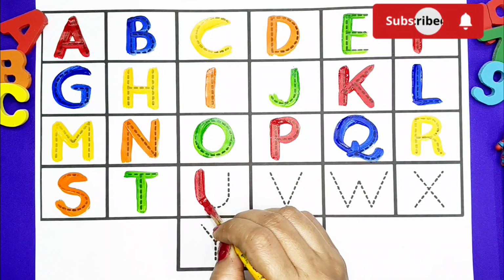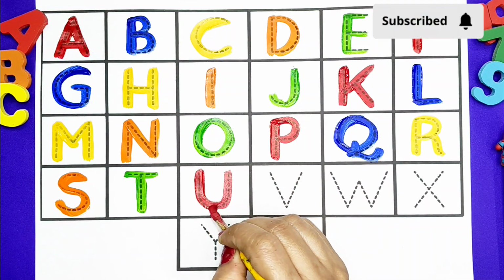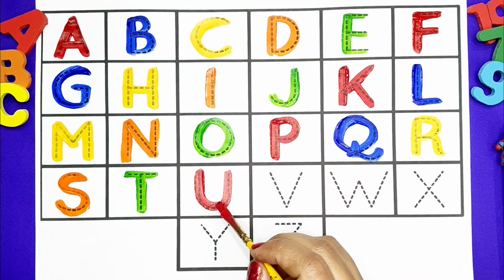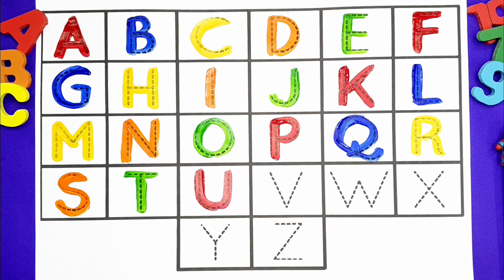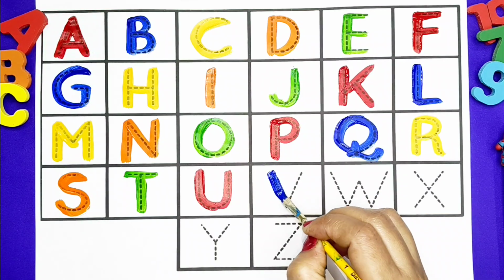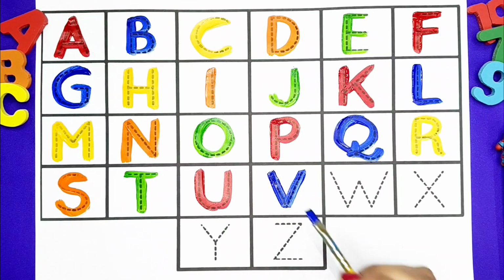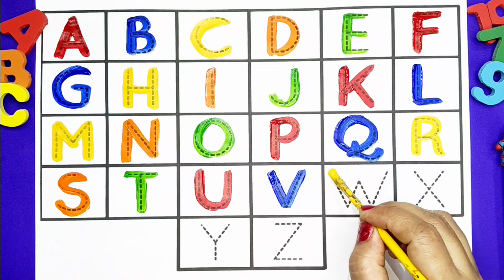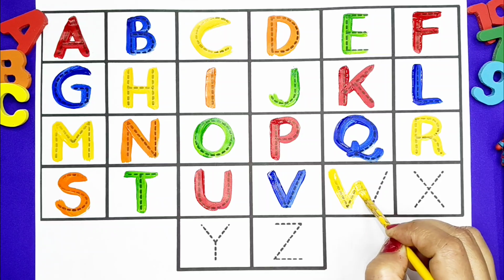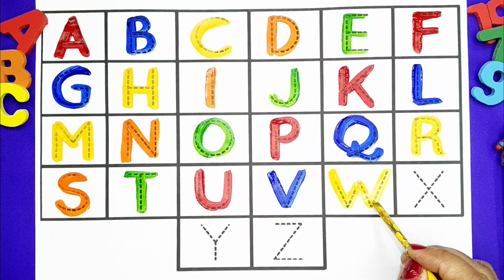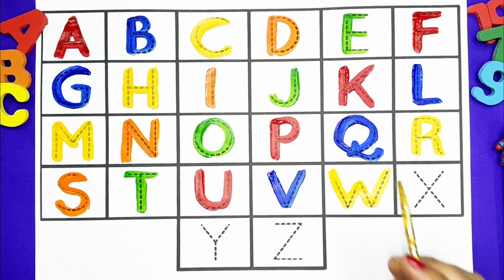Red color, U, U for unicorn. Blue color, V for van. Yellow color, W for watermelon.